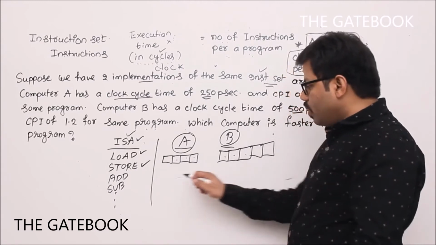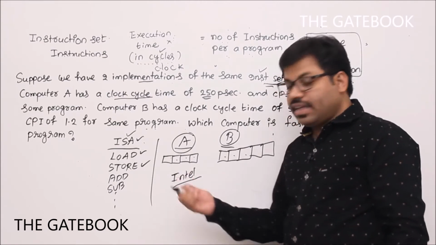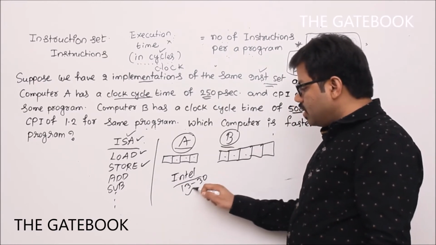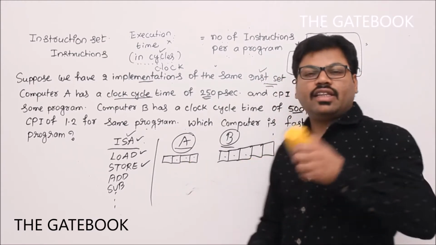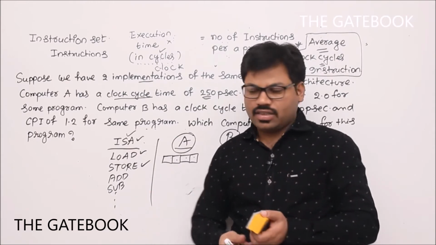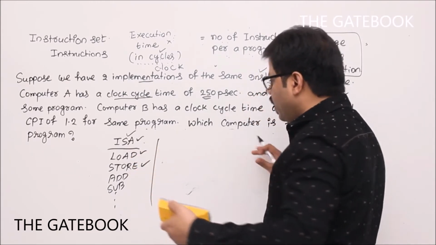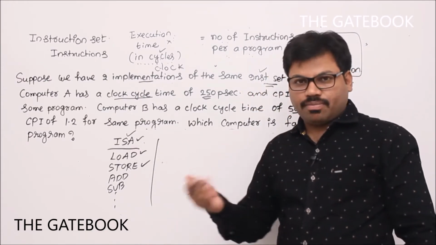Modern Intel architectures use 13 to 30 stages, understand? So whatever we are studying in theory might not be exactly the same in reality. Finally, one instruction set architecture is implemented in different ways, and that will affect the values.